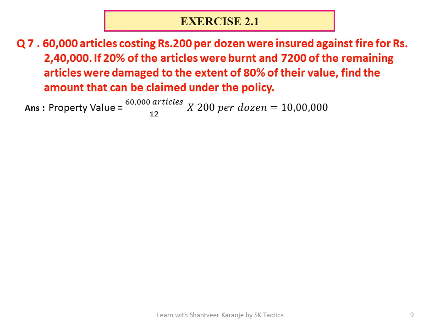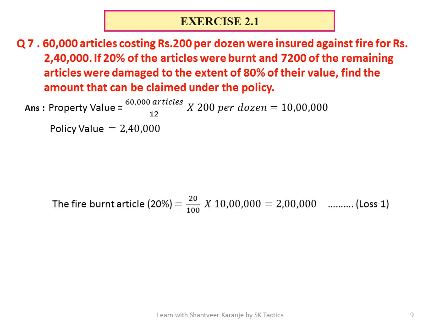By multiplying with 200 rupees, it gives me a value of 10 lakh. So property value of the complete situation is 10 lakh. And it is insured against fire for rupees 2 lakh 40,000, means policy value is directly given as 2 lakh 40,000. Now we may move ahead to calculate losses.